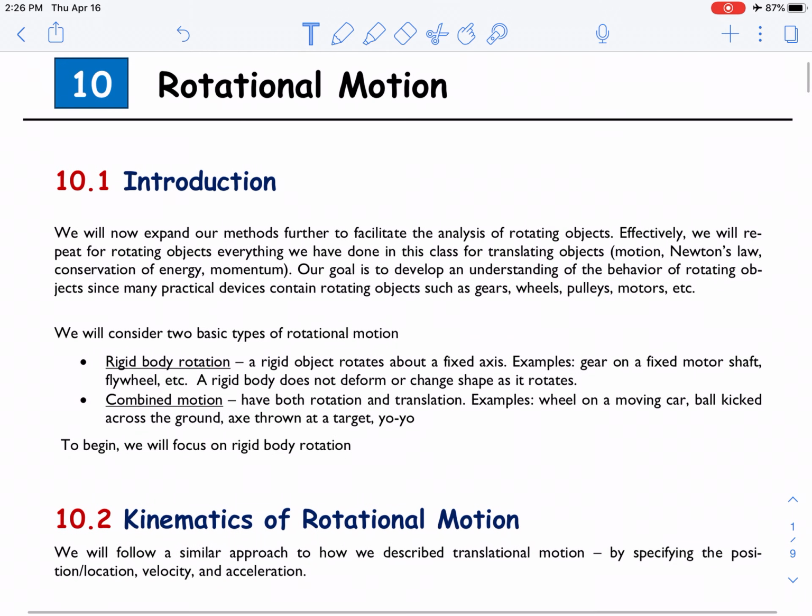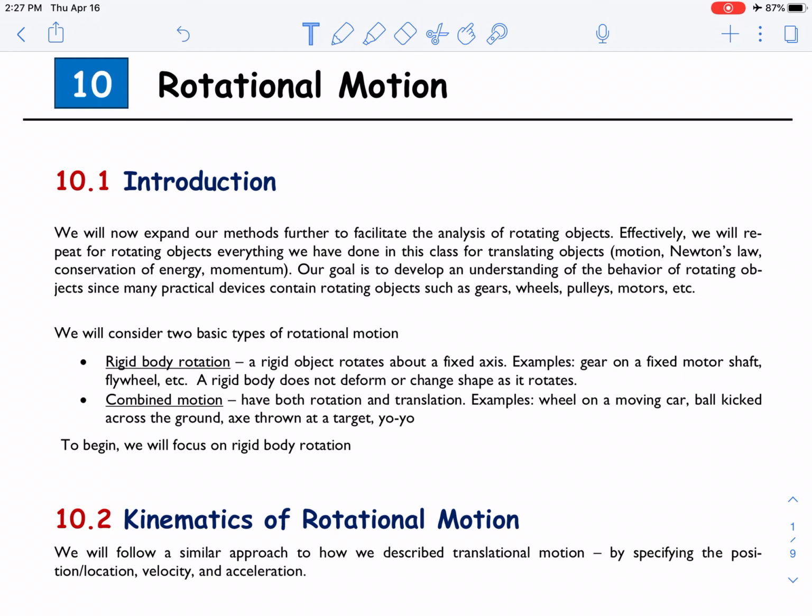In terms of motion. In chapter 5 and 6, we looked at Newton's laws. In chapter 7 and 8, we looked at the conservation of energy. In chapter 9, we looked at momentum. Okay, so now we're going to apply these to rotating objects, and we will talk about rotational motion. And later, we will combine those two motions.